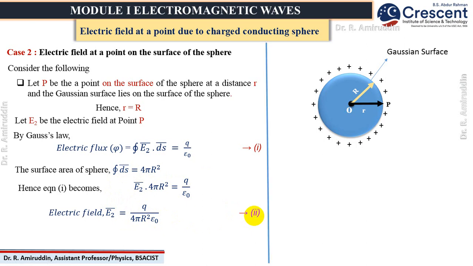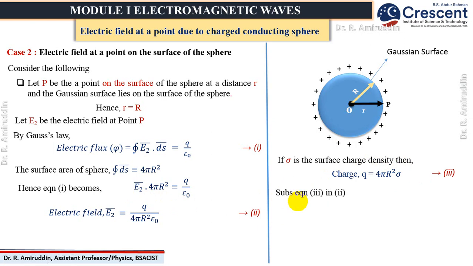Now once again, like in the previous case, we will consider the surface charge density as sigma, and in such a case the charge q will be given as 4 pi capital R square sigma. Now we will substitute this q term in the numerator of equation number 2. So we will have E2 is equal to 4 pi capital R square sigma divided by 4 pi R square epsilon naught.